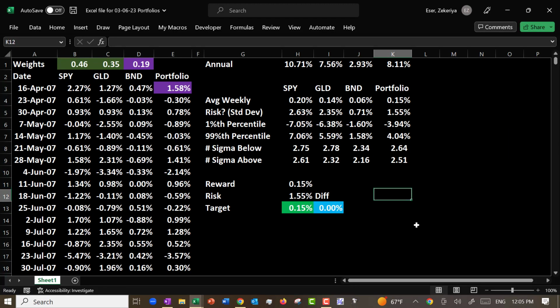Then copy that and just paste the values. Actually, paste formats as well.